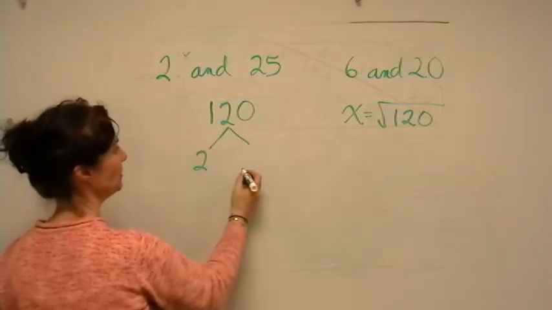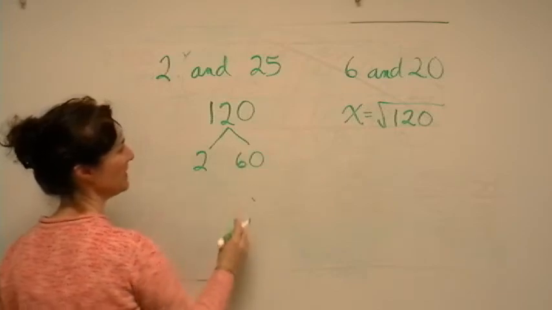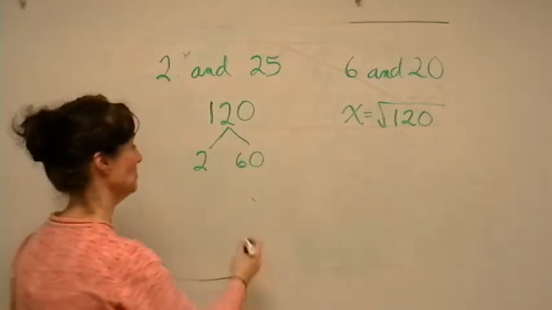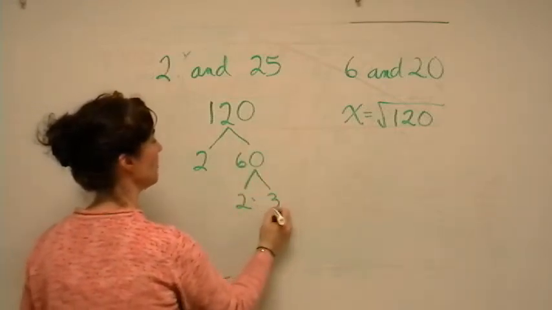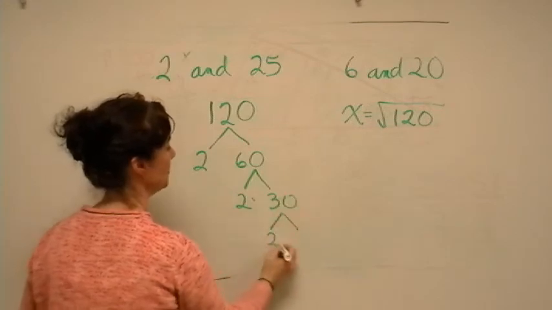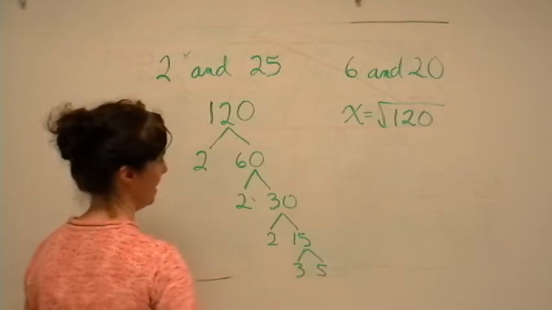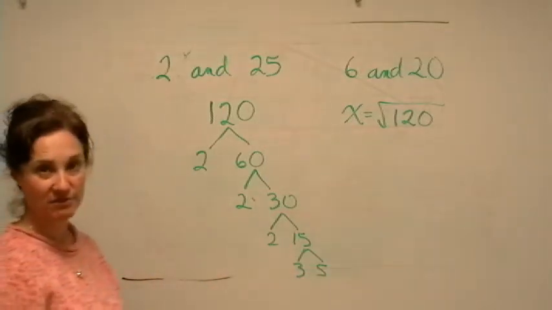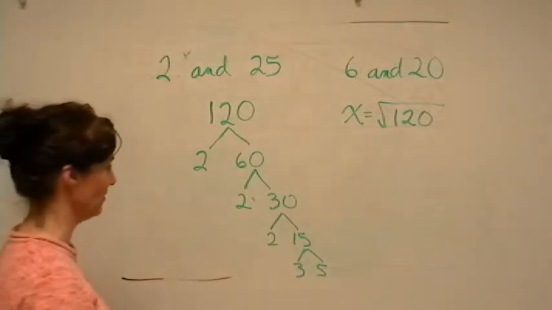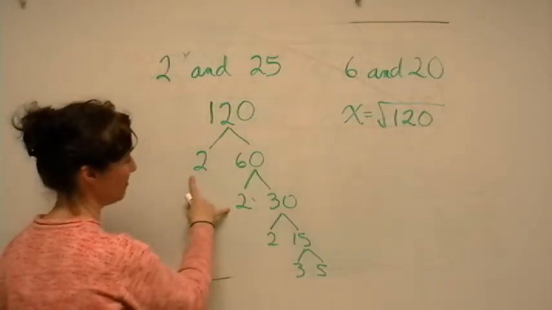We have 2 and 60, and it's easy just to keep dividing by 2. 2 and 30, 2 and 15, 3 and 5. Now what you want to do is find pairs of factors that can be pulled out of here. Okay, we only have one pair.